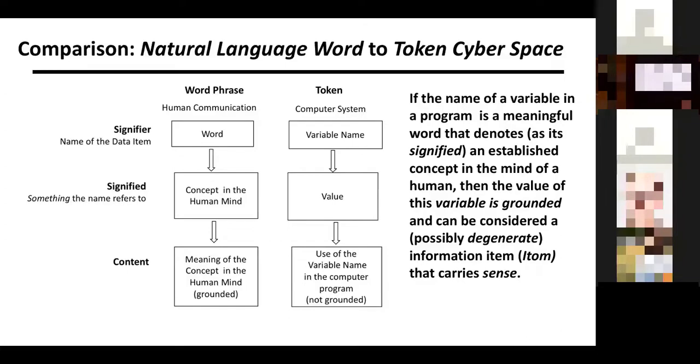A word is a signifier, and a token is a variable name. The signified of the word is the concept in the human mind. For the token, it's a value denoted in the placeholder. And the meaning, which is not grounded, this is why I call it content here, is that the use of the variable name in the program denotes the relation among the variable names, but doesn't tell you what is actually happening in the real world.